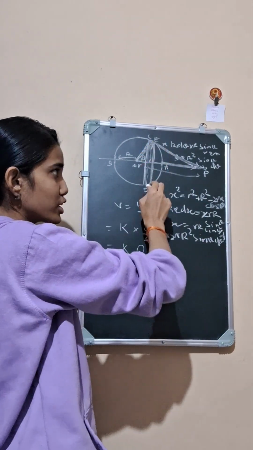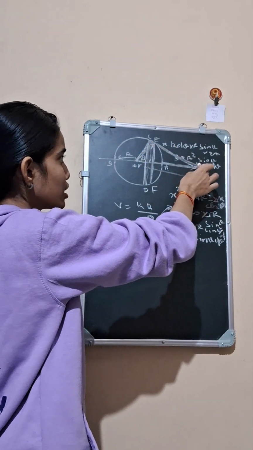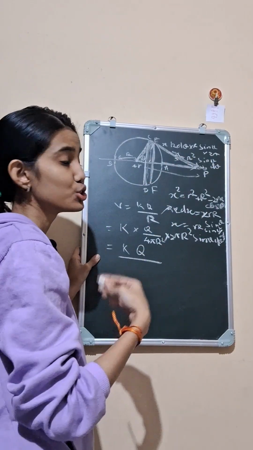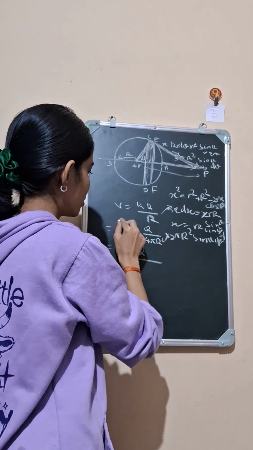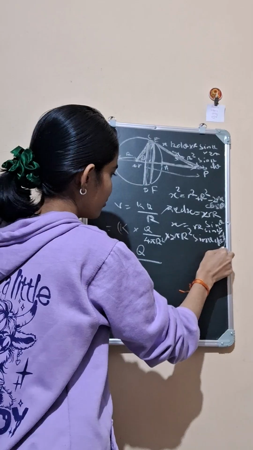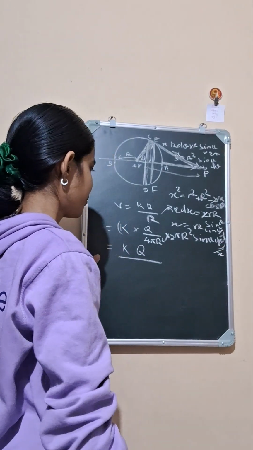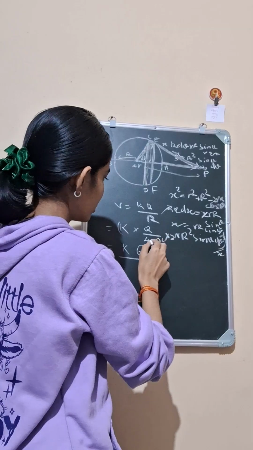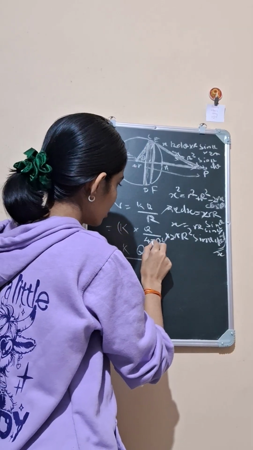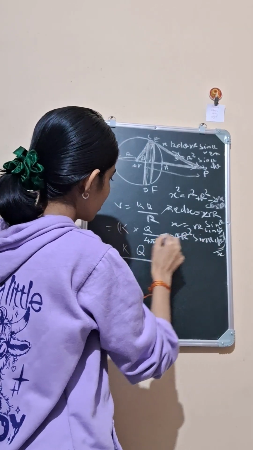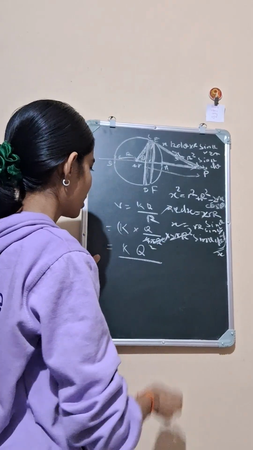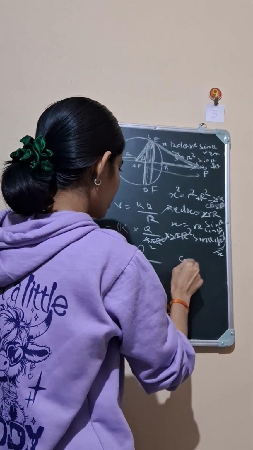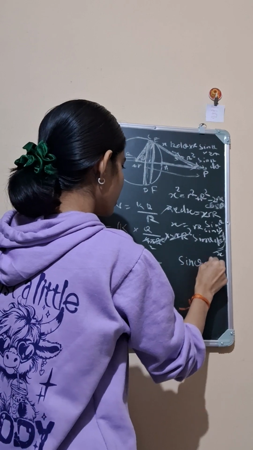Here the charge is on the ring and the ring is at a distance of x from the point P at which we want to calculate potential. So this whole thing will be divided by x, and cancelling 4 pi R square, we will get 2 k q by 2 multiplied with sin theta d theta by x.